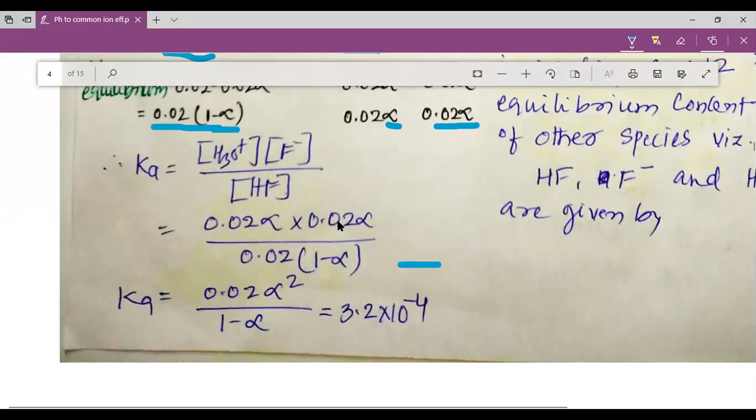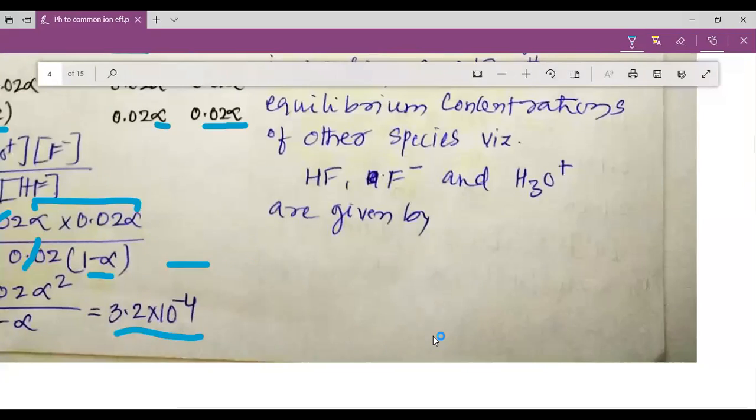This alpha and this alpha become alpha square, and so we have 0.02 into alpha square divided by 1 minus alpha, which has the value 3.2 into 10 to the power minus 4, my dear students.